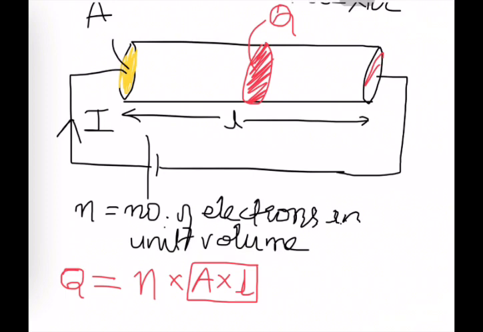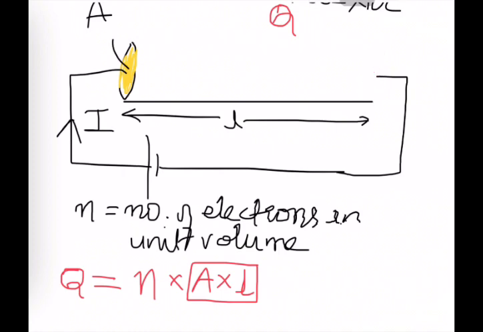Instead of taking a cross section in the middle, we can take it at the end, the red colored end. Let us assume that all the electrons pass through this cross section in a time t.